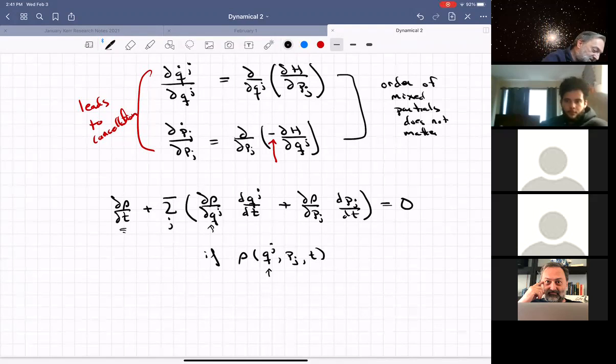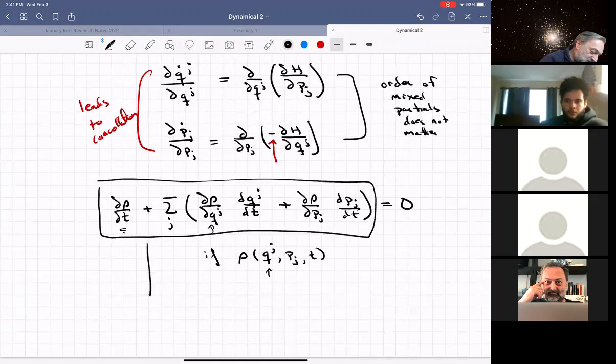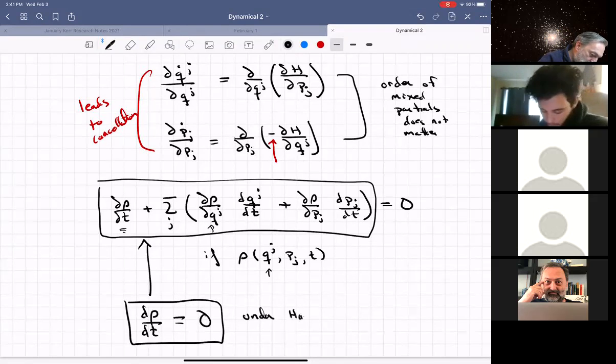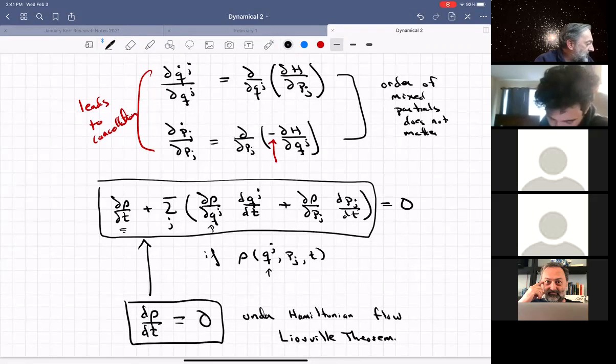So what I'm trying to say is this whole expression here is nothing more than the total derivative of rho with respect to time, which is a statement of the Liouville theorem.